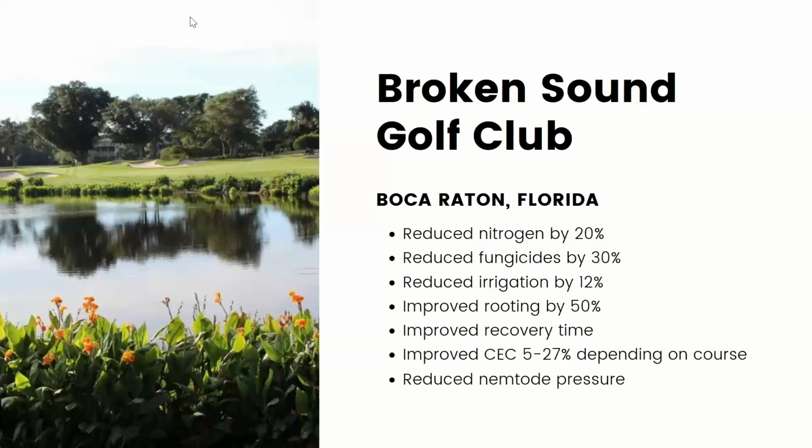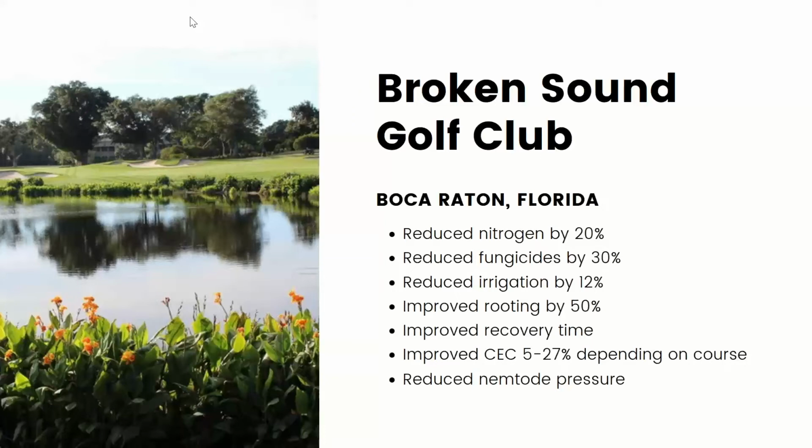But they also were able to reduce their fungicides by 30%, reduce their irrigation by 12%, improve rooting by 50%. And probably one of the more impressive measurables in this is their improved CEC, anywhere from 5 to 27%.